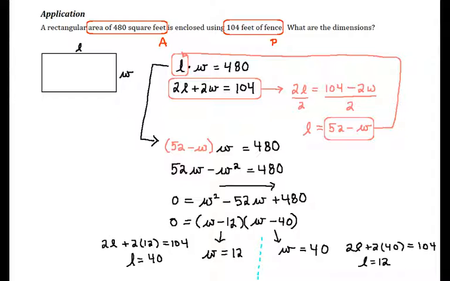So basically I'm going to choose the one that has width less than the length, because that's the way we usually use these numbers, and maybe throw out this other one and say that the width is 12 feet and the length is 40 feet.